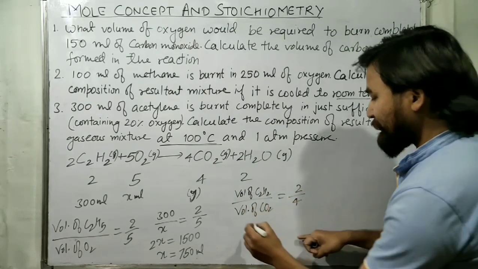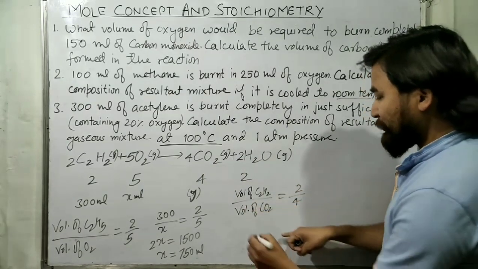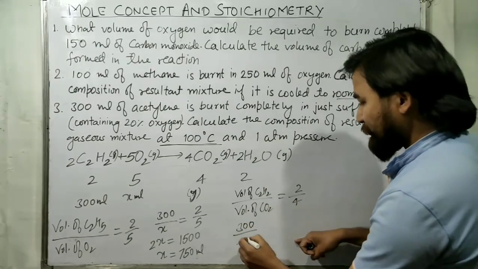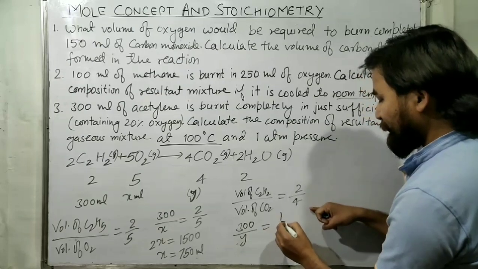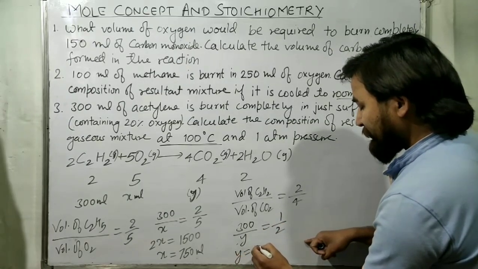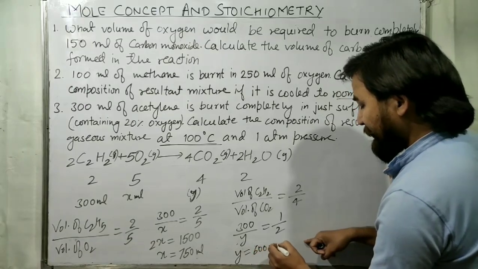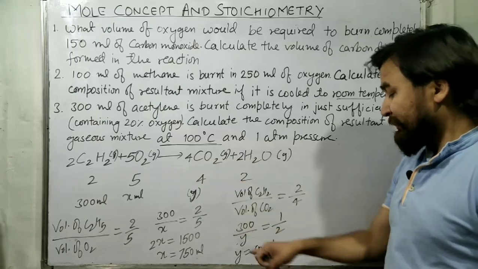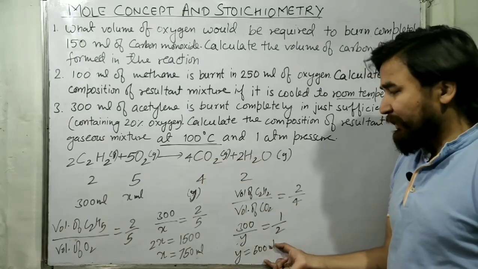So 300 by Y is equal to 2/4, that is 1/2. So Y is equal to 600 ml. So the volume of carbon dioxide is 600 ml.